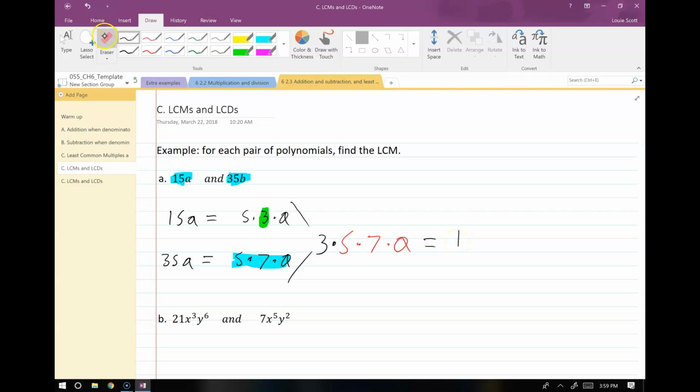Thank you for that, I totally missed that. Somebody who's paying attention just noticed that we forgot the factor of B that was not in there. So we multiply B in, and this gives us, I believe, 105AB.